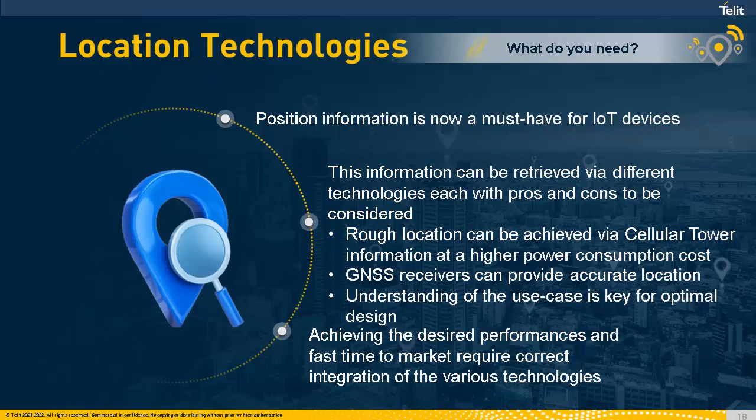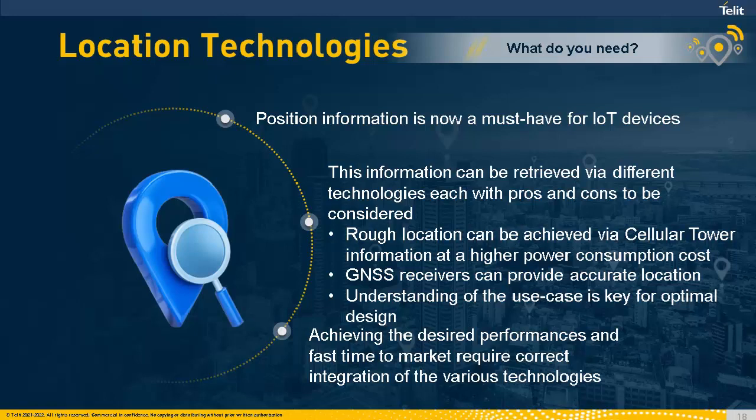In particular, retrieving the cell tower information and sending this information to a specific database can provide a rough estimation of the position that usually ranges from a few kilometers to tens of meters. And we do offer this kind of service through the Telit portal.